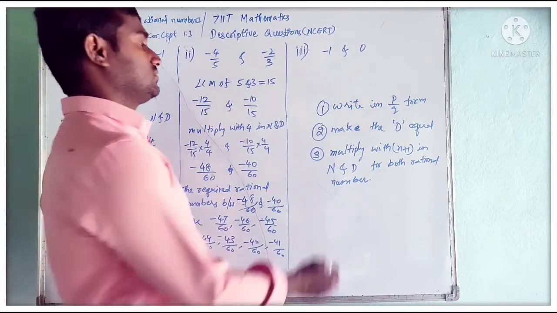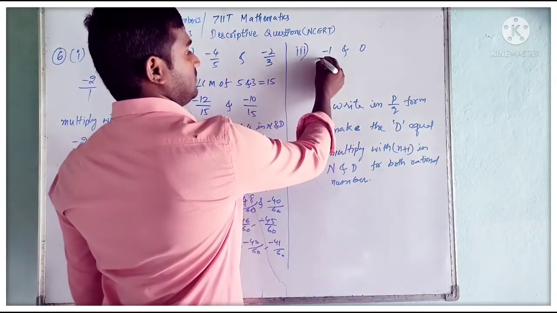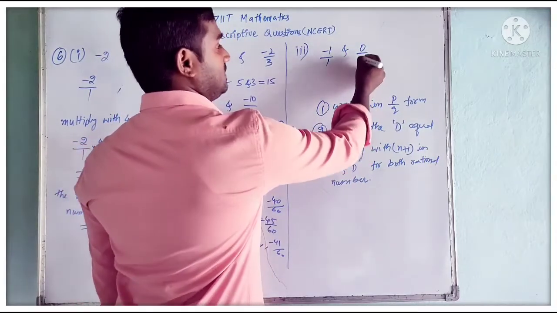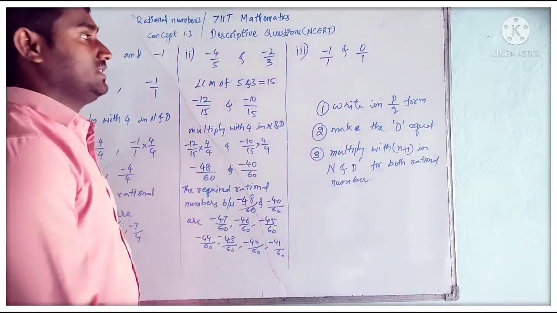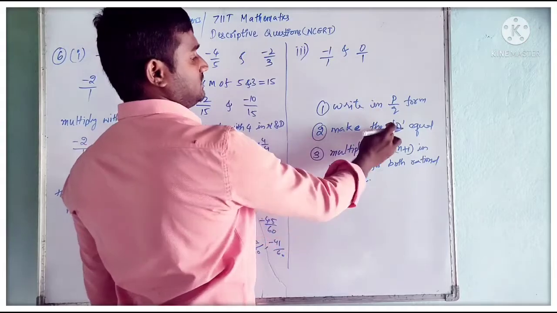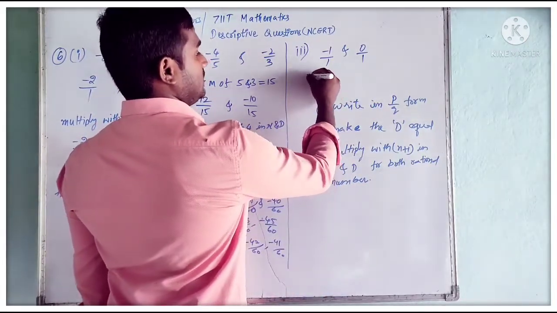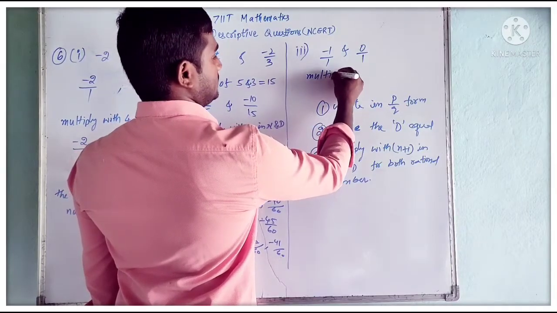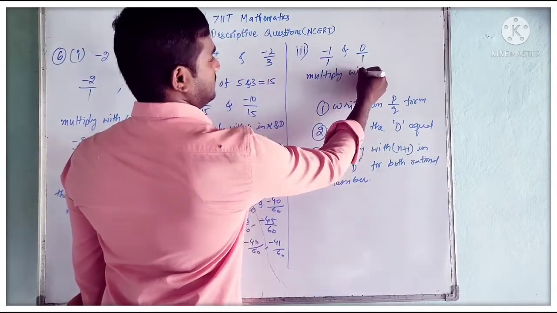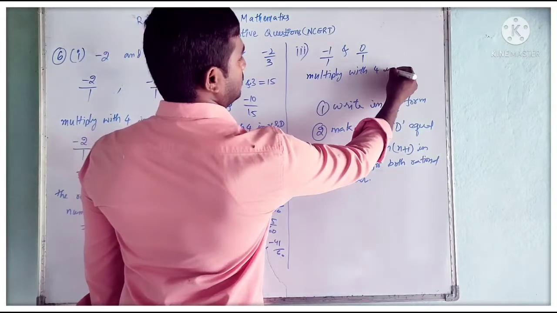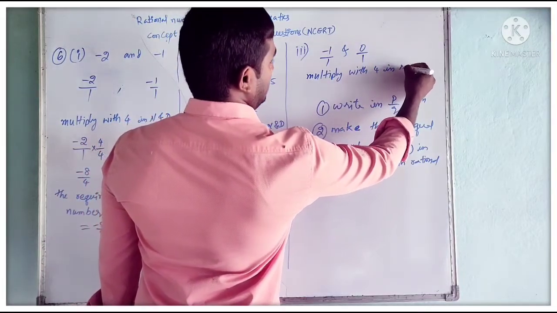So going to the next question. In p by q form, minus 1 we can write as minus 1 by 1, and 0 as 0 by 1. The second step is also finished because the denominators are equal. So multiply with 4 in numerator and denominator.